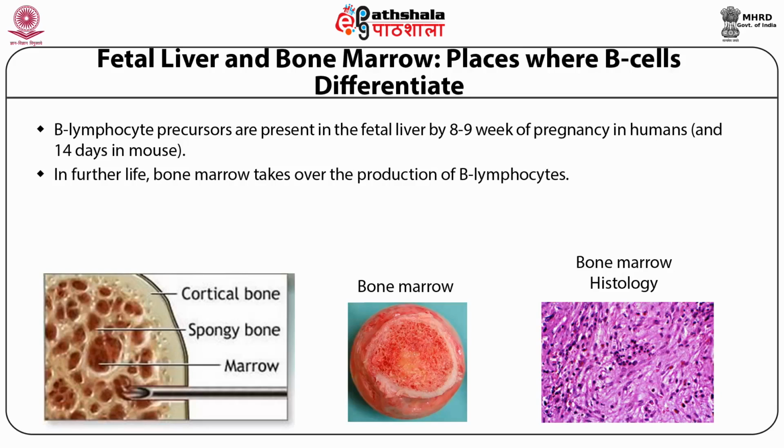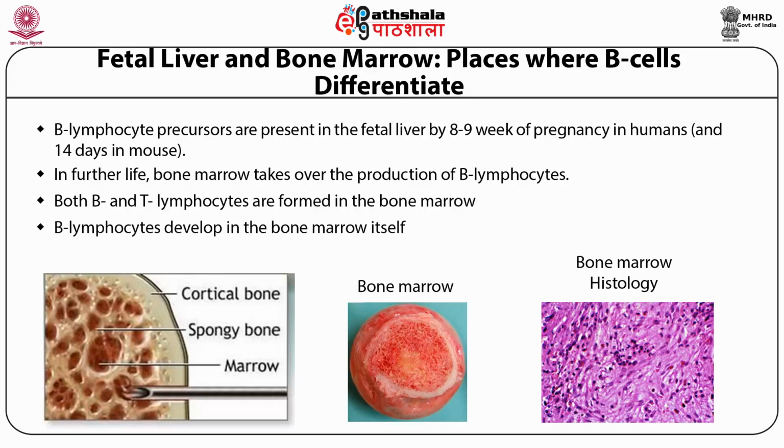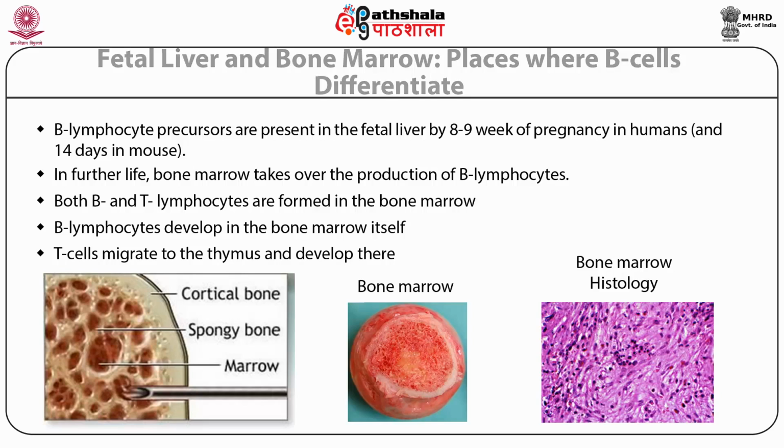In later life, bone marrow takes over the production of B lymphocytes. Both B and T lymphocytes are formed in the bone marrow. B lymphocytes develop in the bone marrow itself. T cells, on the other hand, migrate to the thymus and develop there.